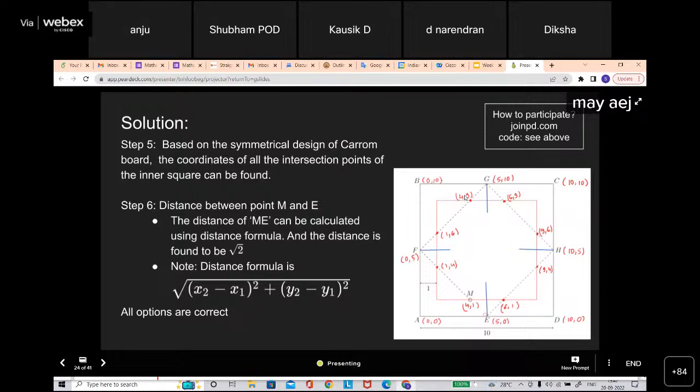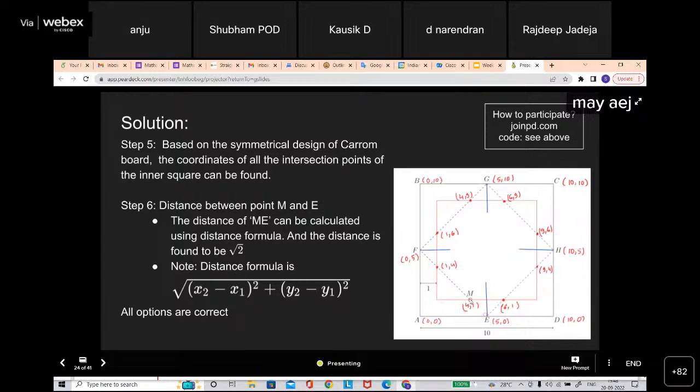Similarly, the other inner coordinates you can find easily by finding the equations of the other two lines. You can now get the idea of how to find the inner intersection points with the inner square. Now you got the point M, which is (4, 1), and E is already the midpoint of A and D. Then you can calculate the distance using the distance formula.